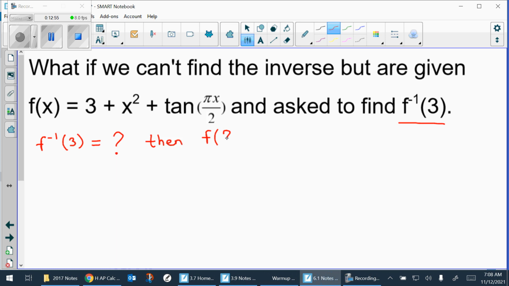So f of what is equal to 3? Our goal in this problem is to figure out the value of the question mark. What is f inverse of 3? I don't know. But if I go back to my original function and say f of what is equal to 3, well, what would you put in for x so that the value of this thing is equal to 3?